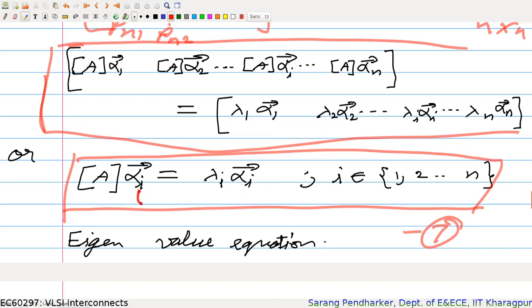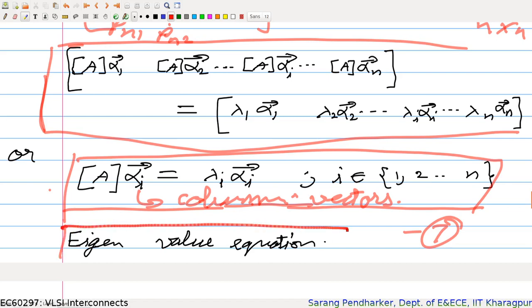Alpha i's are column vectors. And does this look familiar? I hope this looks familiar to you. This is the familiar eigenvalue equation.